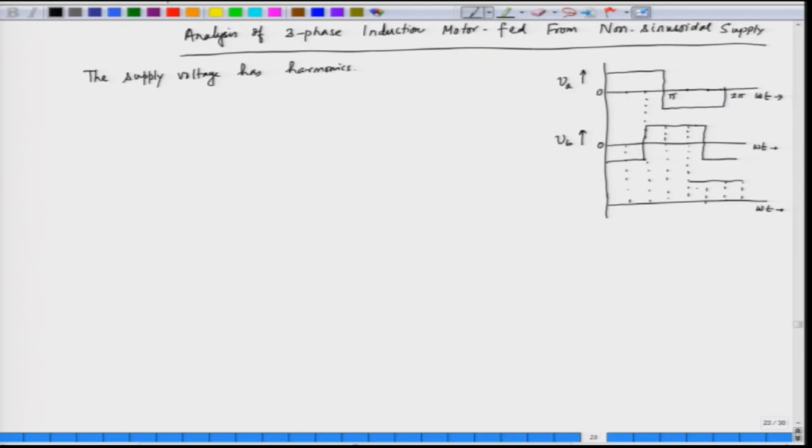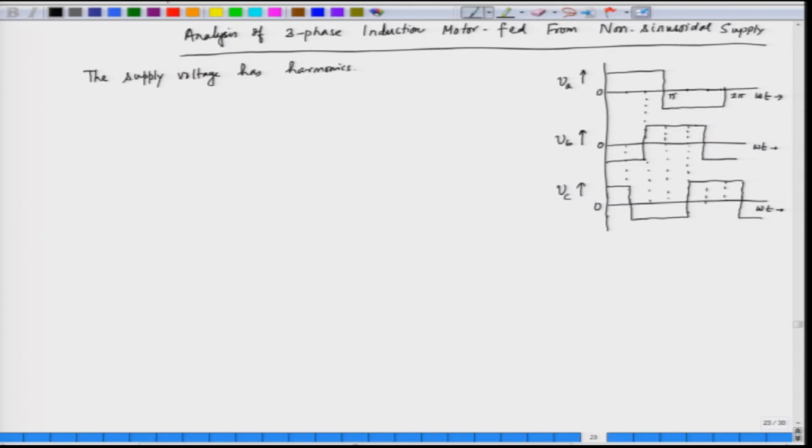So, this is phase C voltage which will look like this. So, the input voltages are not sinusoidal, they are square waves.